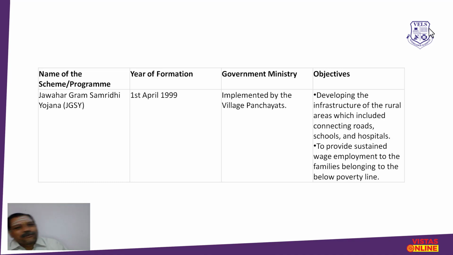For that, the government may give money. One more objective is to provide sustained wage employment to families below the poverty line. Suppose a family is considered to be below the poverty line, one person from that family will get a job, or the government will help to provide a job either in the public sector or the private sector.